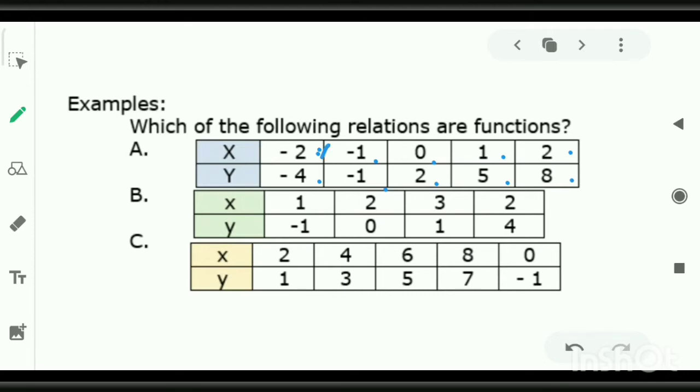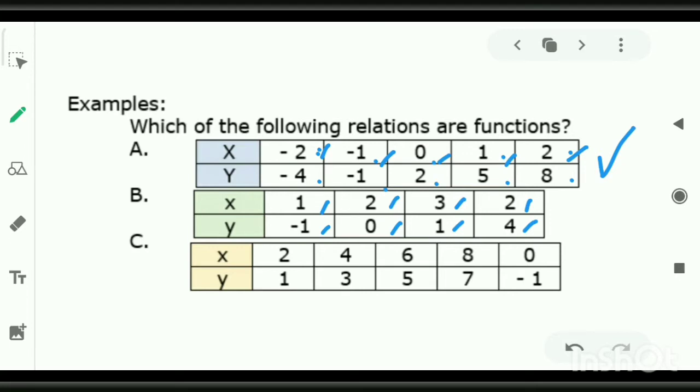Now, take note, all the x elements are different. There is no repetition of our x element, therefore, the table of values for letter A is a function.